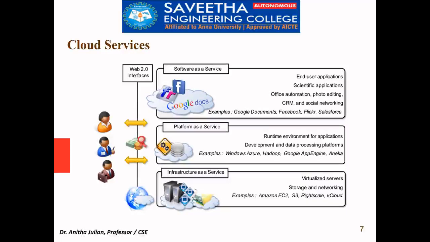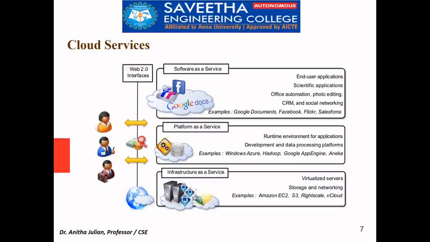When I say platform as a service, I have my hardware and I am going to use only the runtime environment, applications and the operating system. So the hardware to some extent I will be having, and I will take only the platform as the service, or my operating system or the runtime environment.